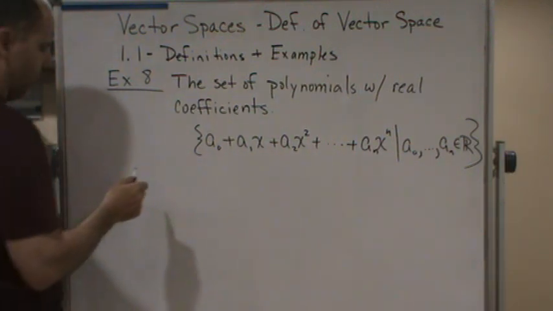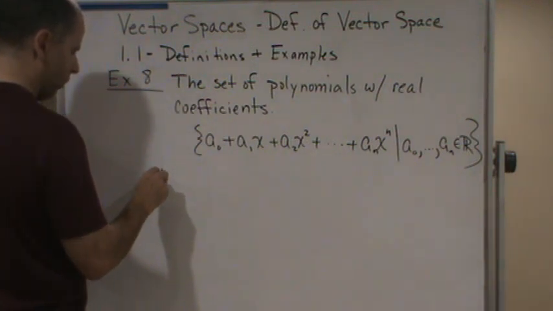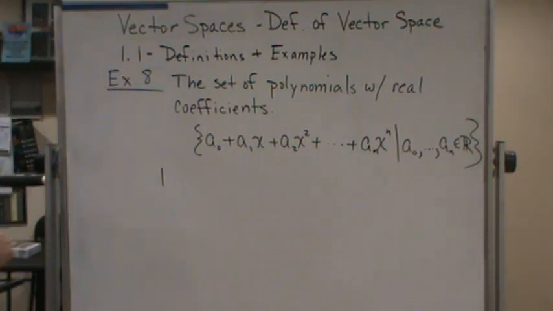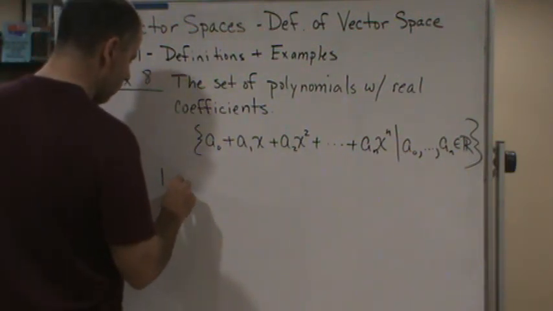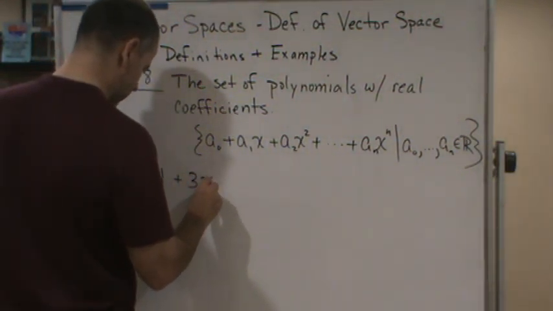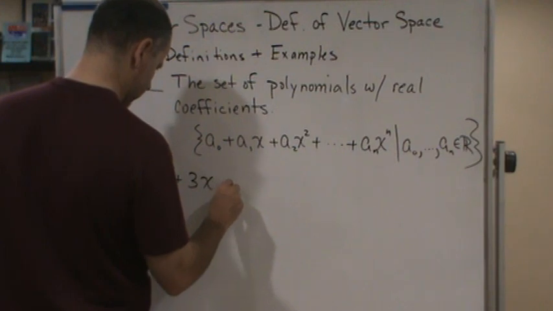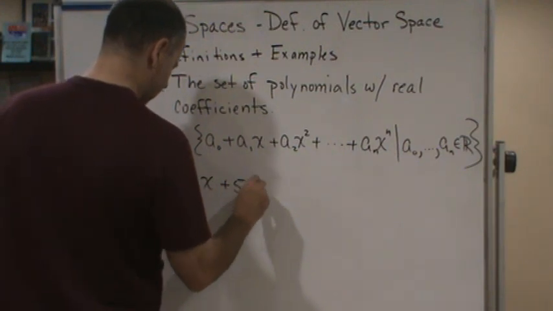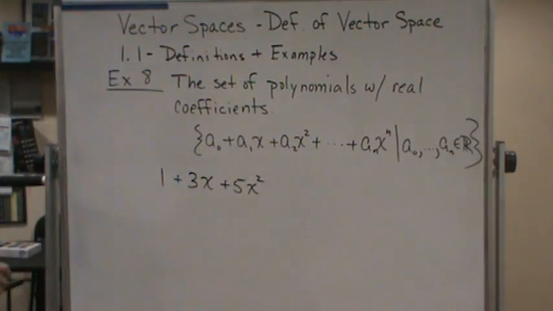coefficients, right? So for example, if I had 1 + 3x + 5x².